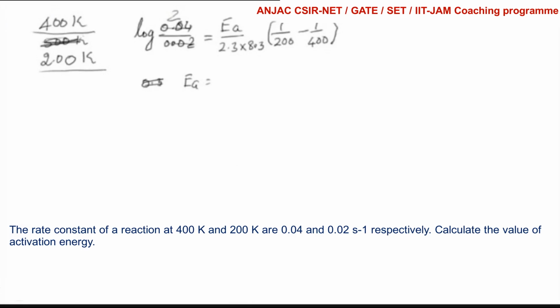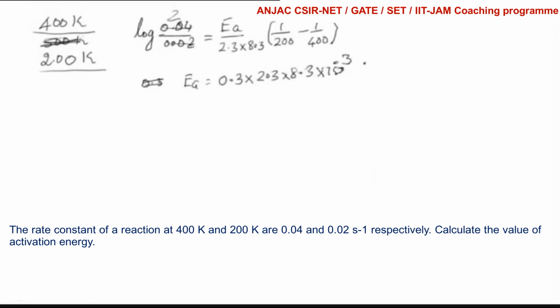EA is equal to 0.3 into 2.3 into 8.3. If you put the value of R as 8.3 joule, the EA would be obtained in joules only. Otherwise, you can go for kilojoules; you should multiply it with 10 power minus 3. Here, how to write this?